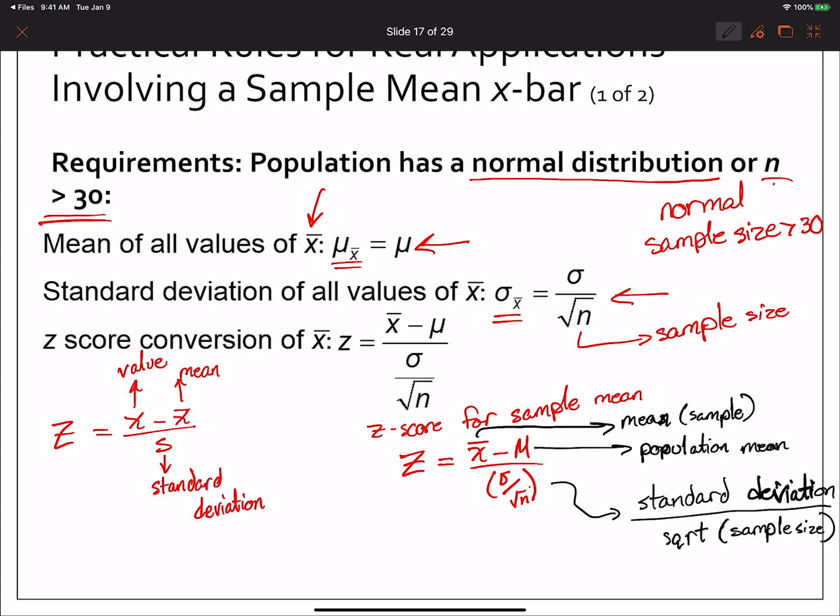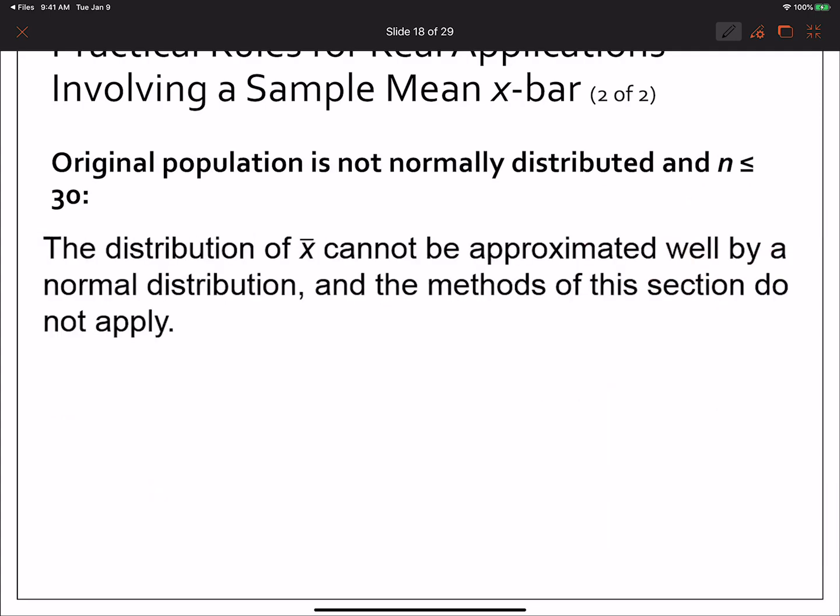The sample size again is n. So that's what we're doing here. It's a little different because we're finding the z-score of a mean. We're going to do an example again in a second where we see what we're talking about.